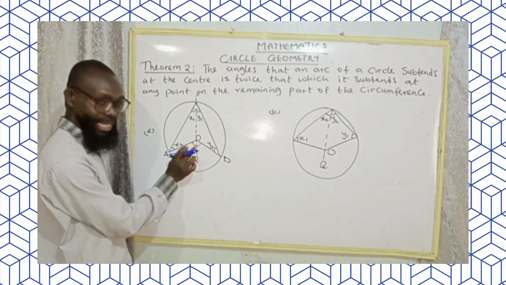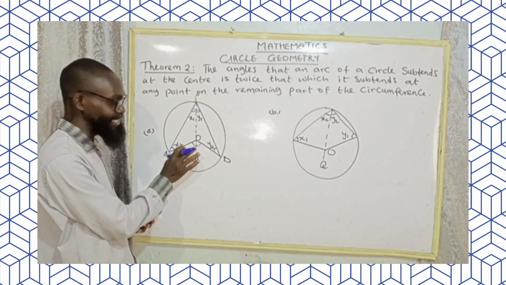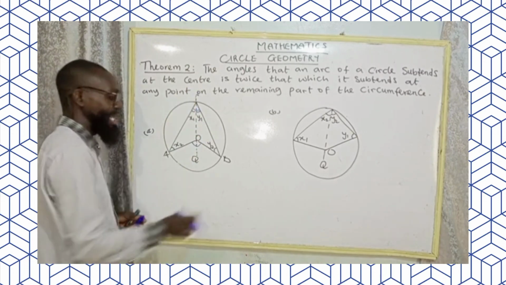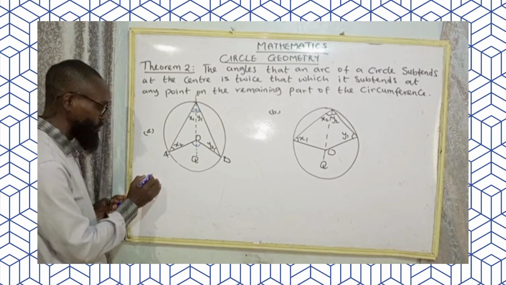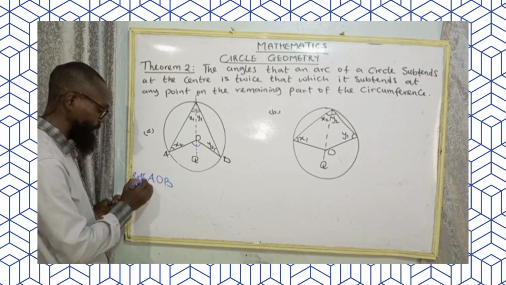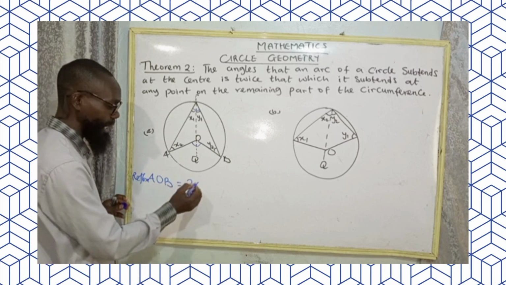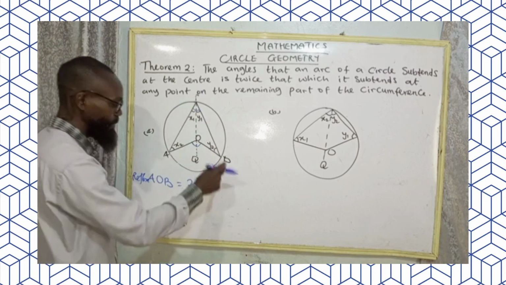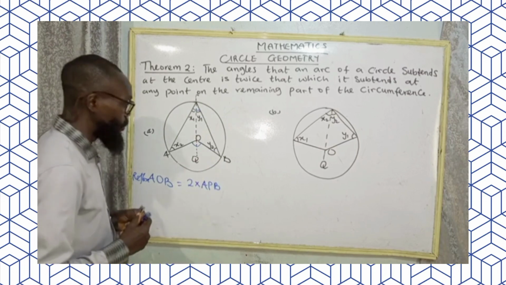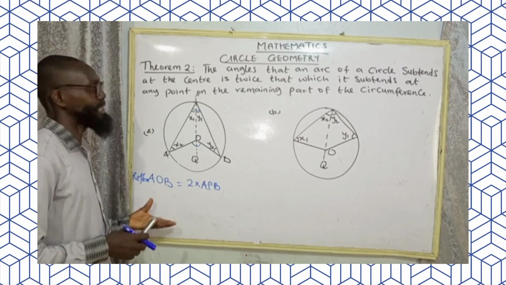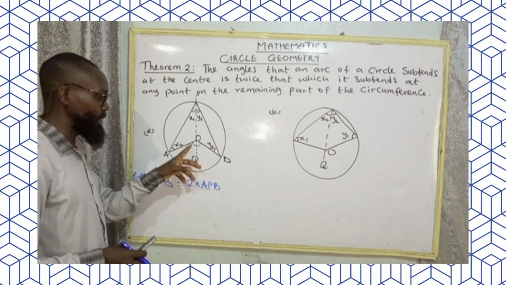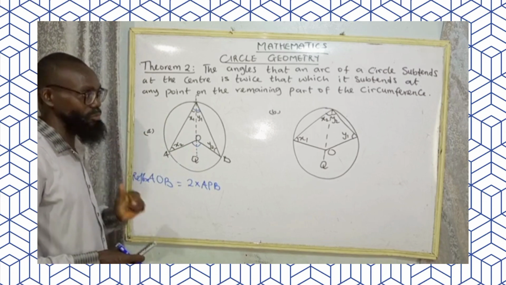So this place now, which I'm pointing at, is the center for angle X and Y, or angle P. Now, to get our angle AOB, that is the reflex AOB, it's going to be equal to 2 multiplied by angle APB. So this particular theorem holds true that the angle at the center will be equal to 2 times the angle at the circumference.